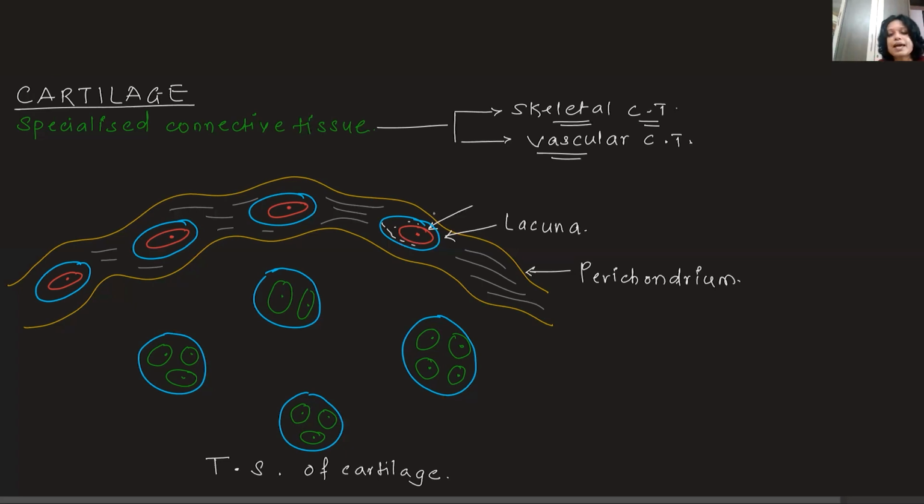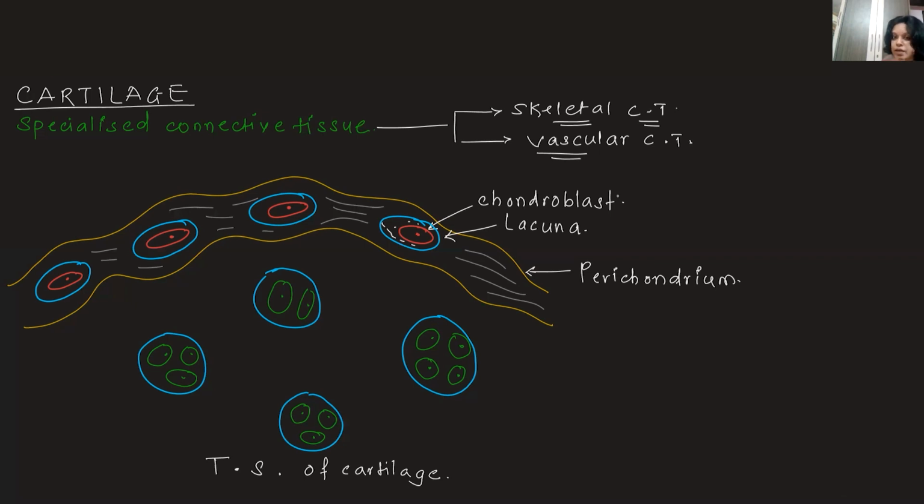The cell which is there in the lacuna of perichondrium is known as chondroblast. Chondroblast is a cartilage cell. Blast means it is forming something. It forms the prefix of this word, chondro, cartilage.